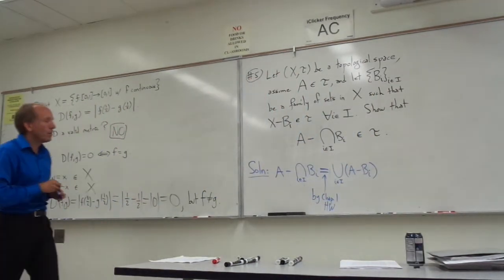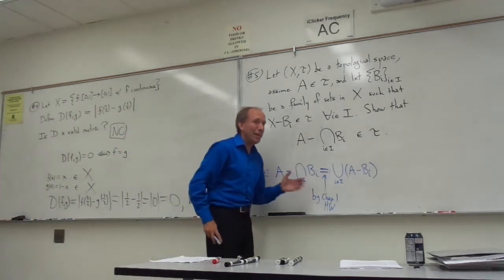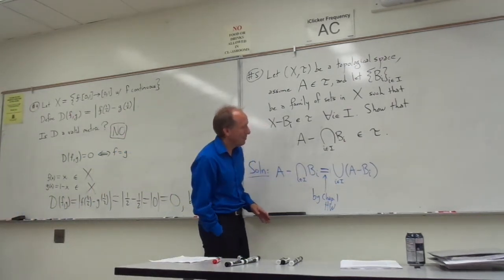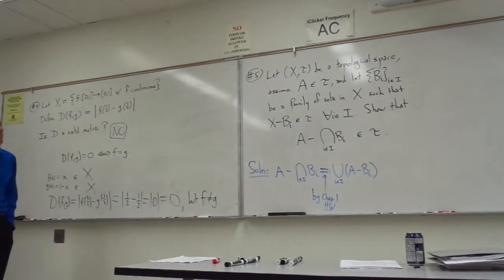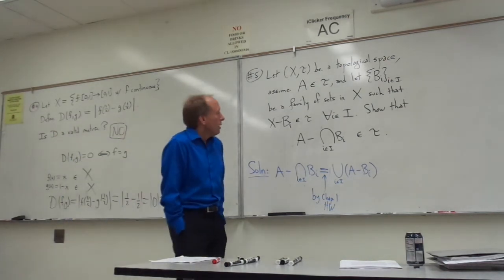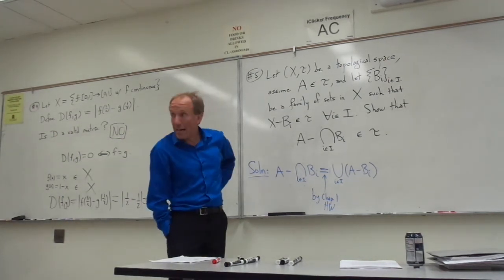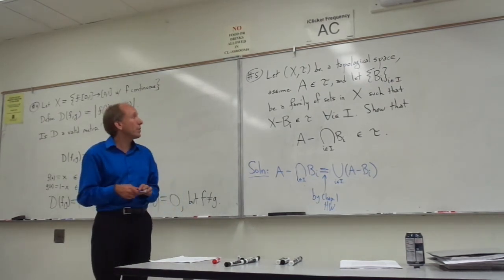So you can just make references like that. Just make sure it really was something that we did. I'm pretty sure we don't want to be making things up. But anyway, that would be a good first step right there. Okay. Now, we're trying to show that this thing is in tau. Tau is a topology.